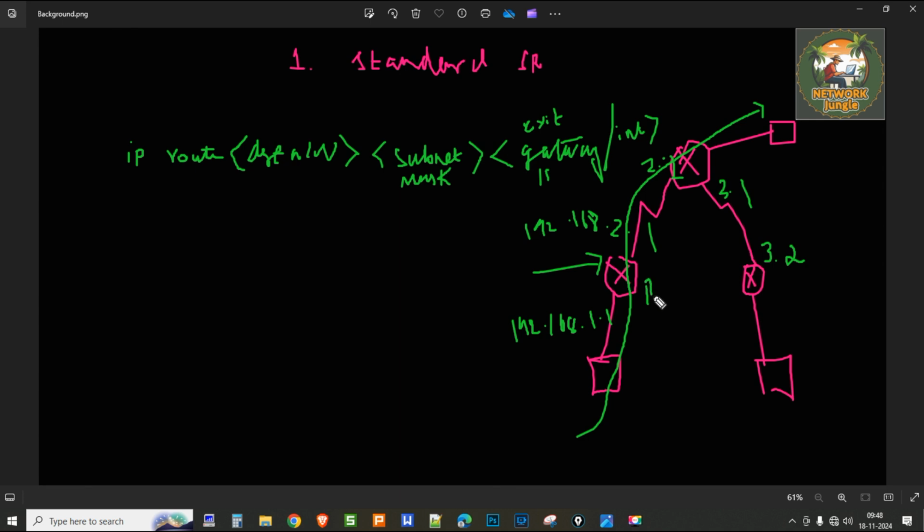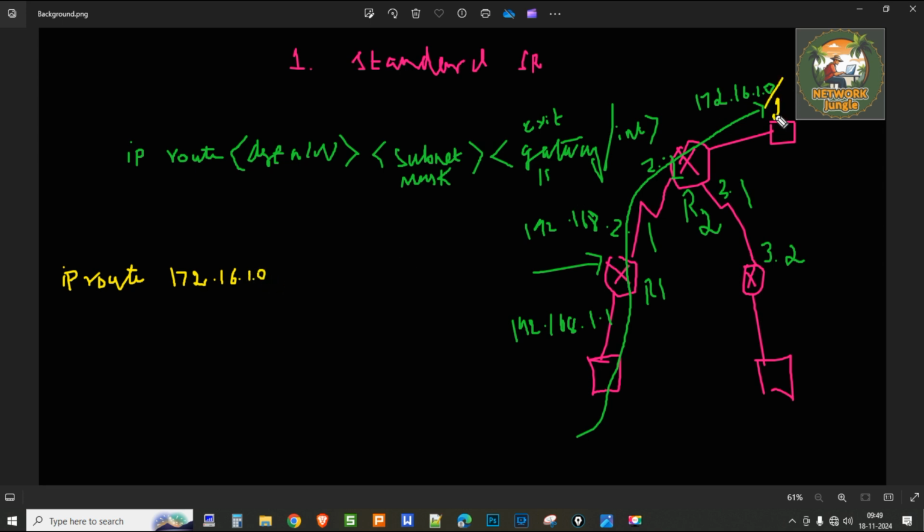Let us assume this is the R1 router, this is the R2 router. Let's take the scenario. Here 172.16.1.0. For example, the user wants to send traffic from R1 to the R2 LAN network. We need to configure standard static routing with ip route. What is the destination network? 172.16.1.0.